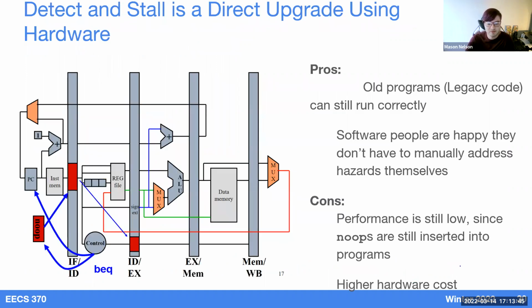And so some things that detect and stall does for us, it's going to allow all of our project 1 test cases, assuming they don't include jalr, at least on the LC2K pipeline, to run correctly. So you can bring in your molt file as a test case for project 3 at that point. And we don't have a giant memory footprint anymore.